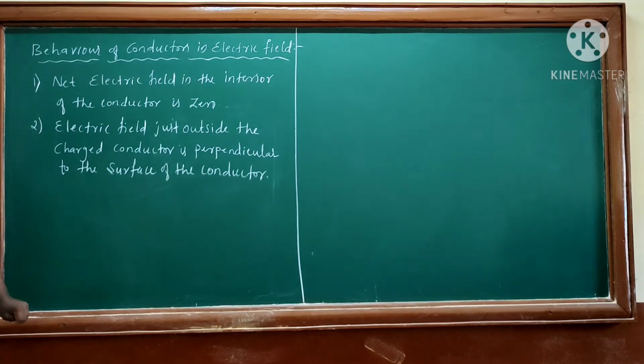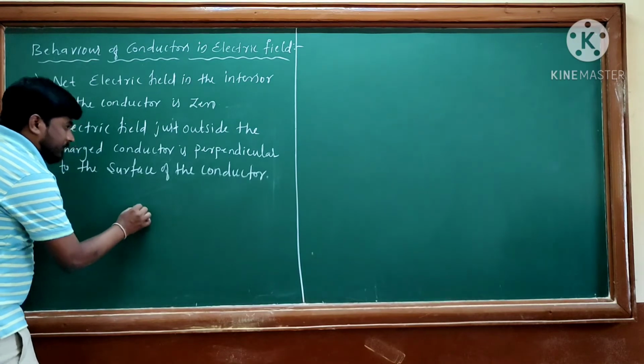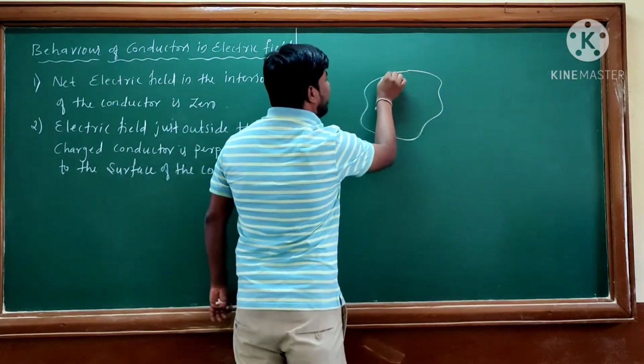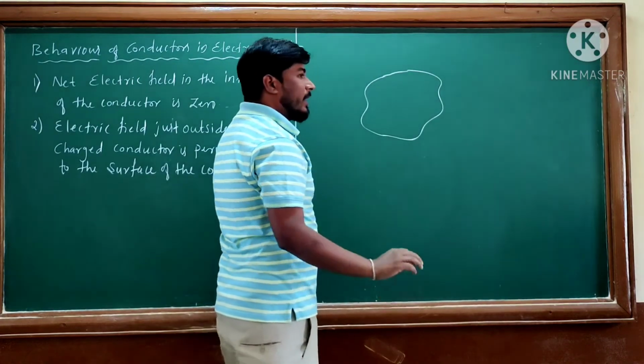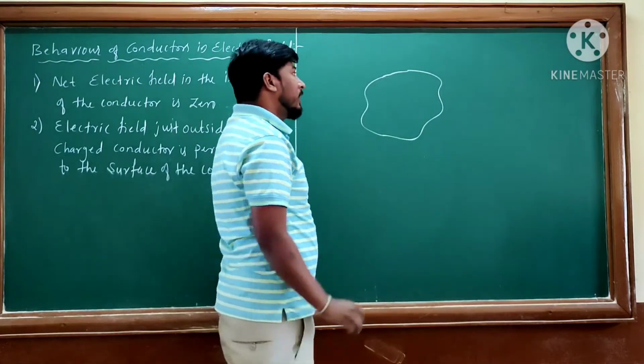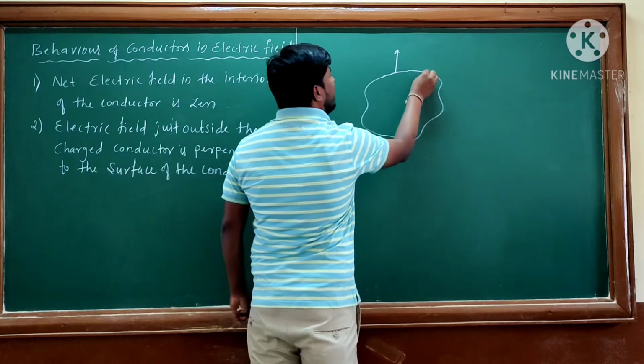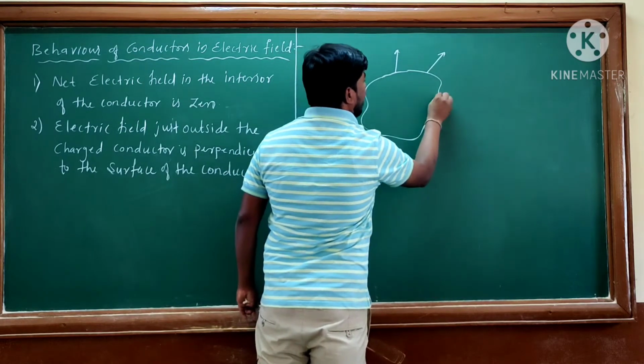We know that electric field is always perpendicular to the conductor. We have studied this in the properties of the electric field lines. Suppose I draw here a conductor, and it is a charged conductor, then the electric field is perpendicular to the surface of this conductor.